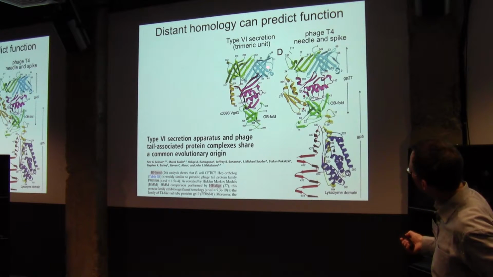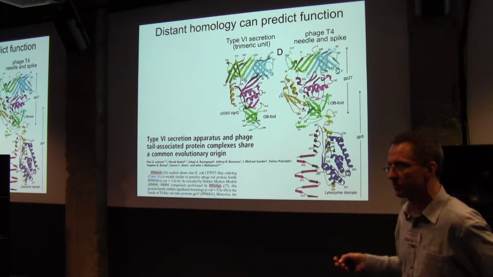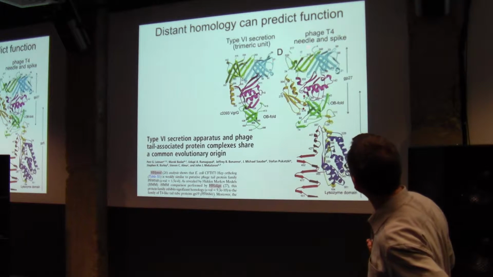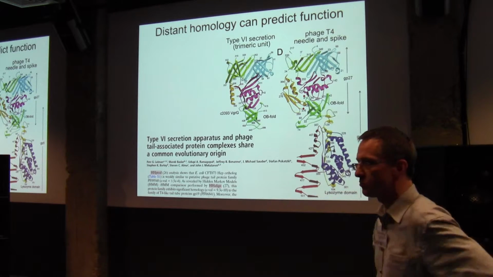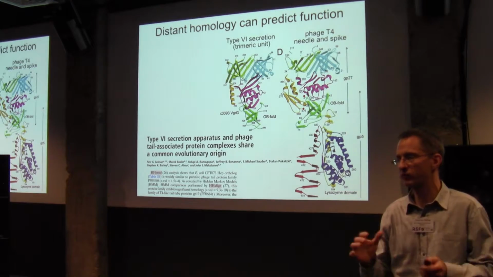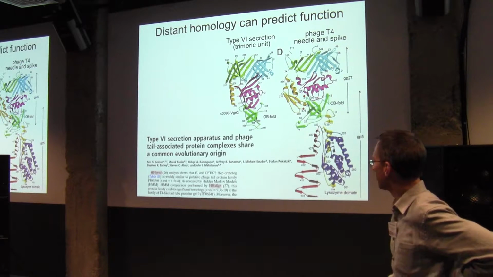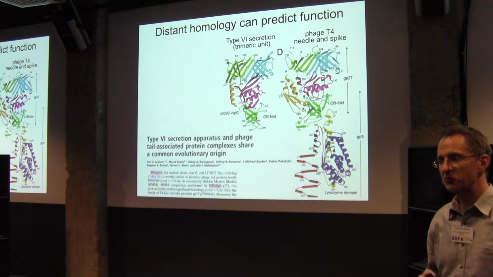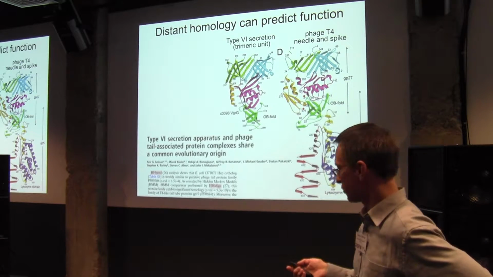And what he found are many homologies between the type 6 secretion system in bacteria, that was discovered only, I don't know, 6-7 years ago, and parts of the phage T4 needle and spike system. And so by finding these homologies, he was guided to solve the structures of these pieces one by one and assembling them and so on. And I still communicate with him quite often because he's still very grateful, even though we haven't done anything but just offering the server.